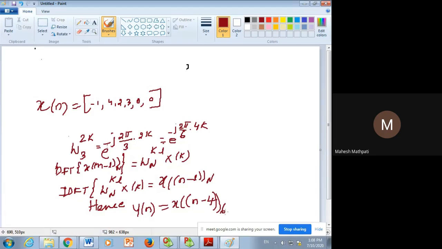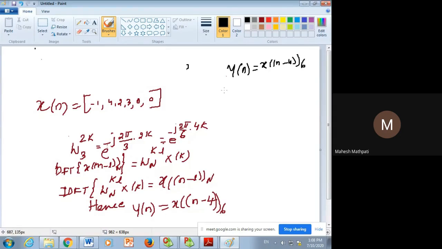Now, how do you calculate this y of n? Can you calculate the y of n value now? Yes. So y of n we can calculate it as y of n equals to x of modulo n minus 4, 6.